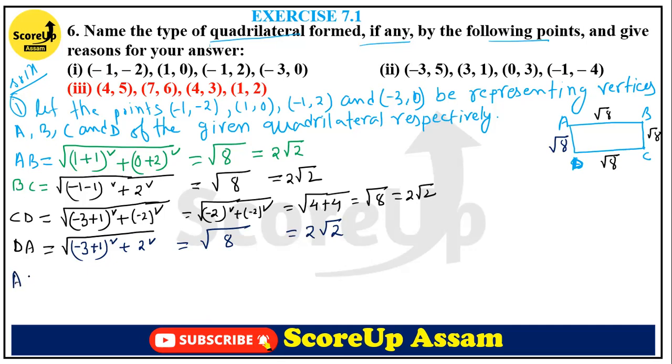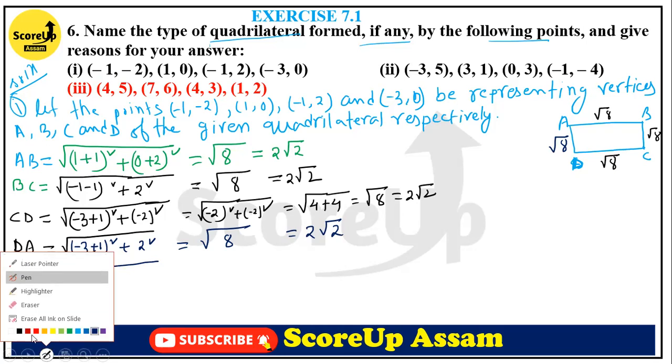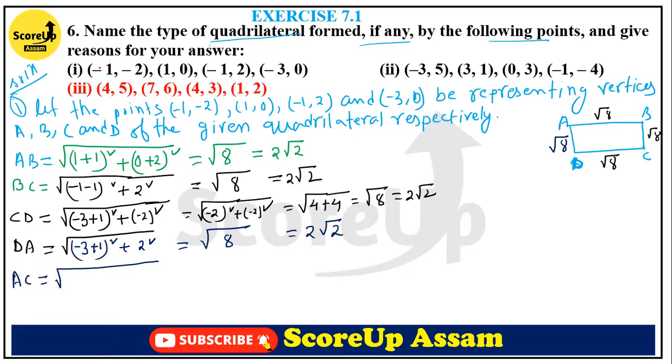To check the diagonal, let it be AC. Okay. Let it be AC. If the diagonals are the same, then we can say that it is a square, right? That will be AC. So AC means this is our A, this is our C. Minus 1, that means minus 1 plus 1, whole square, it will be 0.